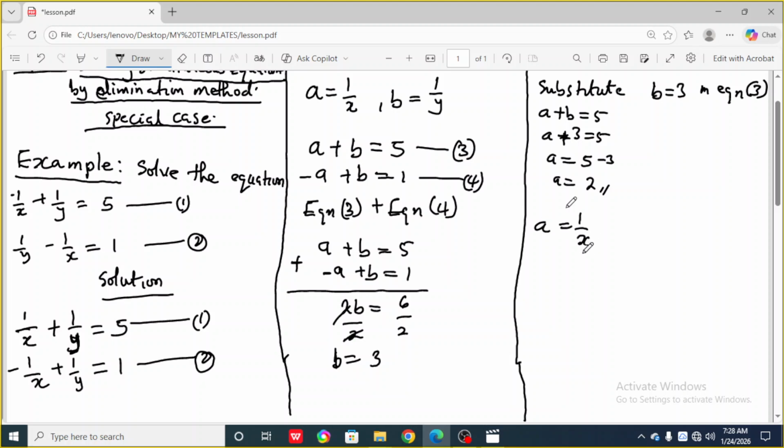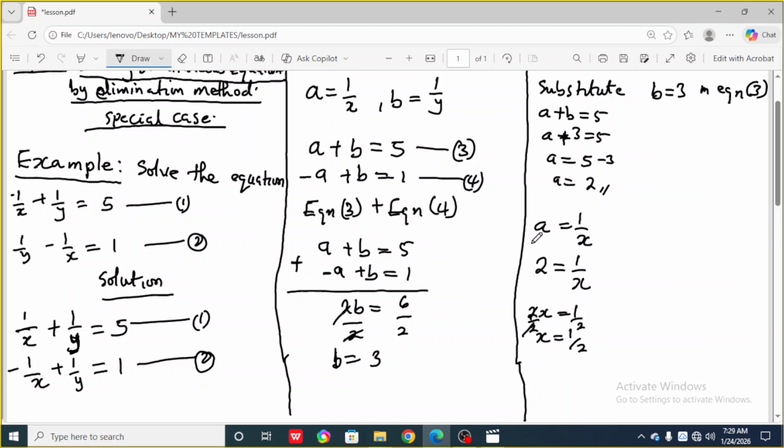We have a to be 2. That is going to be 2 is equal to 1 over x. When we cross multiply, we have 2x equal to 1. Dividing both sides by 2, x will be 1 over 2.